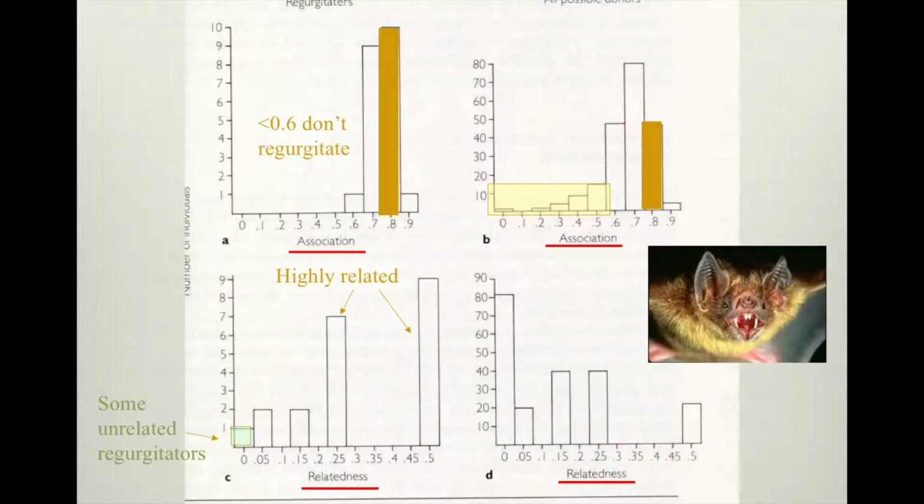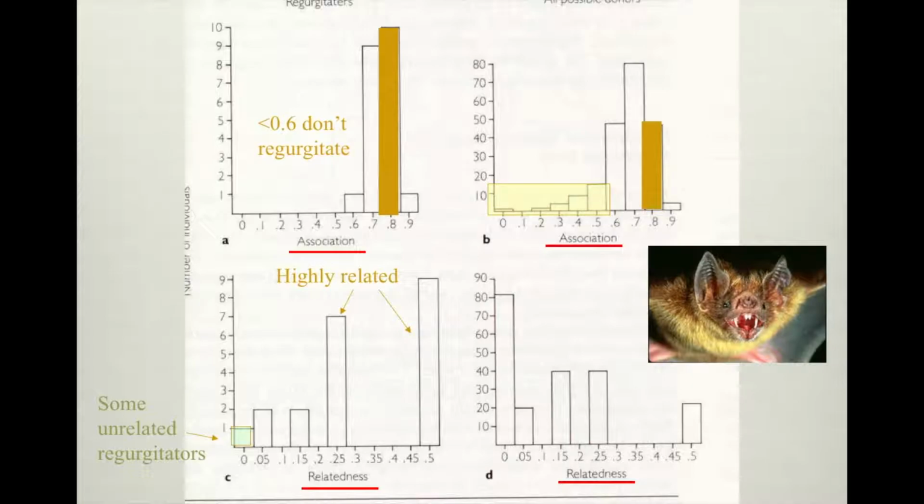So we can look at the data and stratify this likelihood of sharing based on association, independent of the likelihood of sharing based on kinship. And so regurgitators, when graphed by this degree of association, we find that there's no likelihood of regurgitation if you roost together for fewer than 0.6 of all nights, or 60% of all nights.